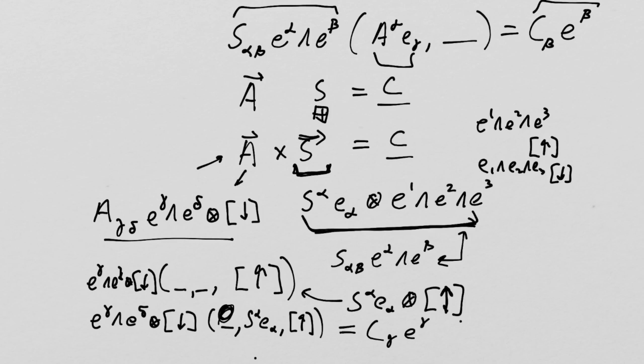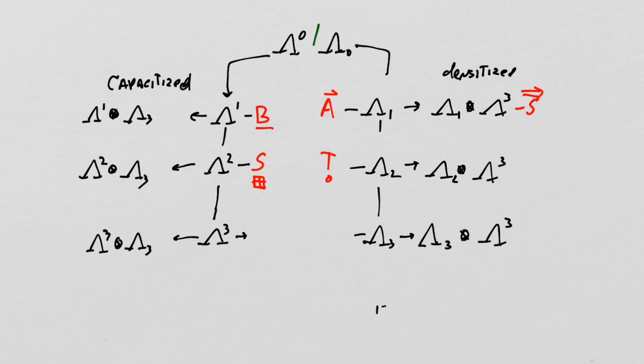And so that's how ultimately, I think, we get from our logic, we get from our pantheon, which involves these densitized structures, into Weinreich's.